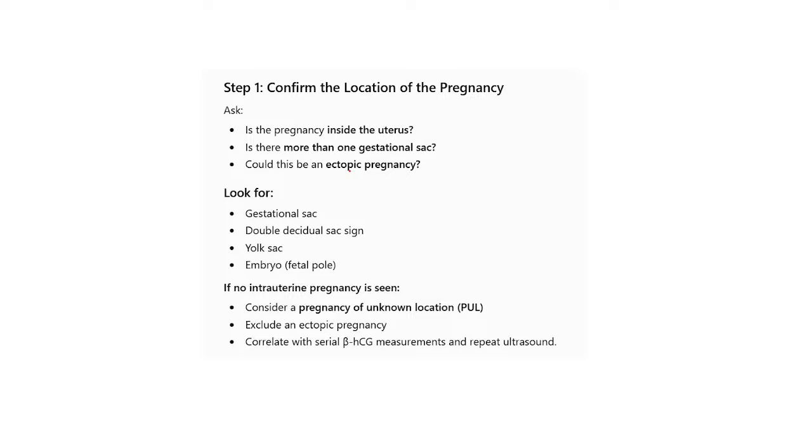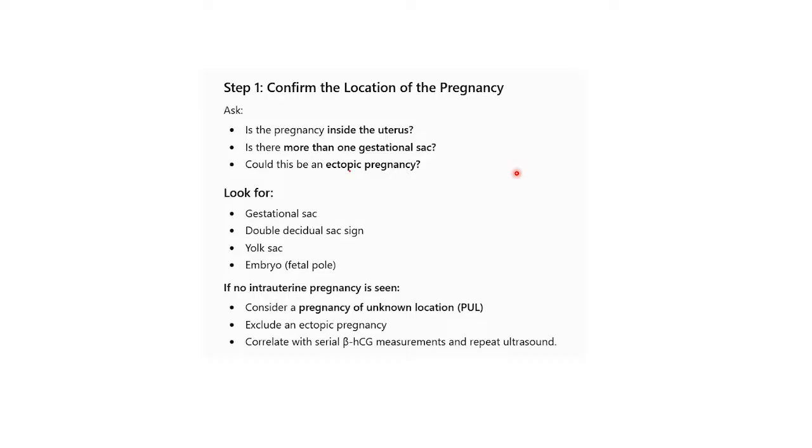Step one, when you're doing an early ultrasound scan, is to confirm the location of the pregnancy. You should ask, is the pregnancy inside the uterus? That's very fundamental. Is there more than one gestational sac? You are now working as a professional.